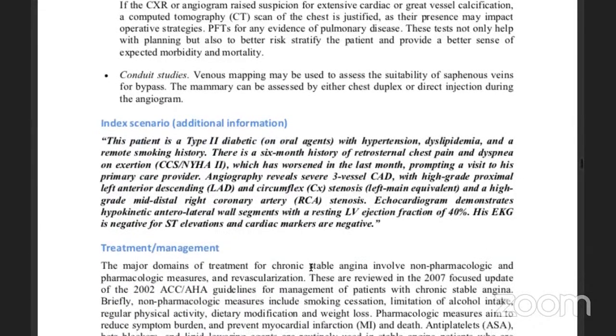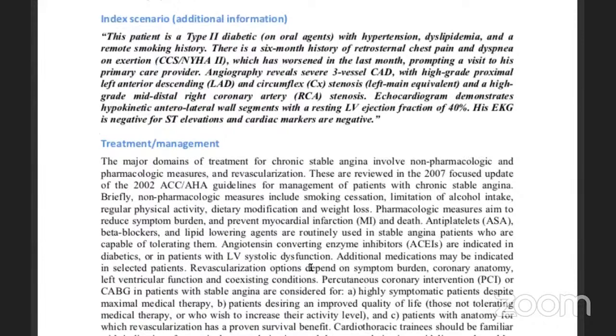Excellent. As Faisal said, he needs the guideline therapy for chronic stable angina. Non-pharmacological measures include smoking cessation, limitation of alcohol, regular physical activity, modification of the diet, and weight loss. Pharmacological measures to reduce the symptoms and to prevent myocardial infarction and death: aspirin, beta blocker, and statin are routinely used in stable angina patients who are capable of tolerating them.